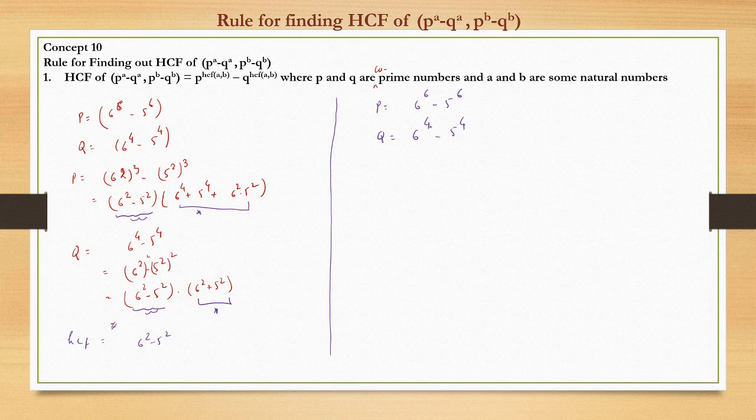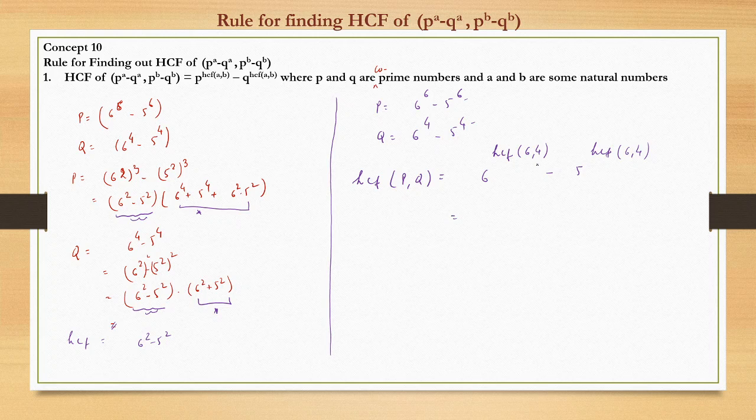So in such a situation, the HCF of P and Q would be nothing but 6 raised to power HCF of 6, 4 minus 5 raised to power HCF of 6, 4.